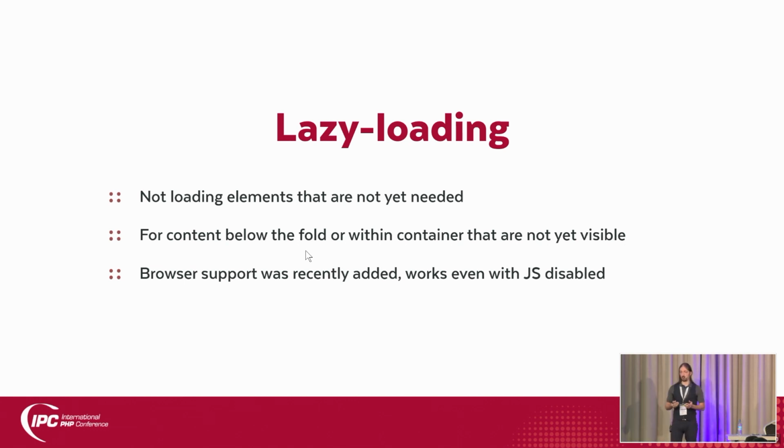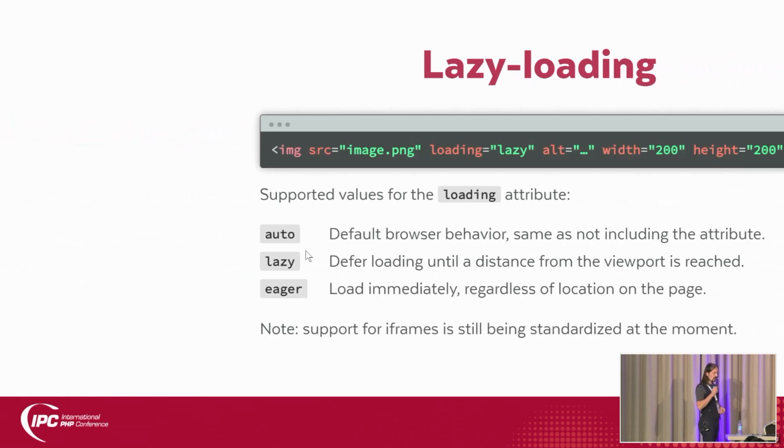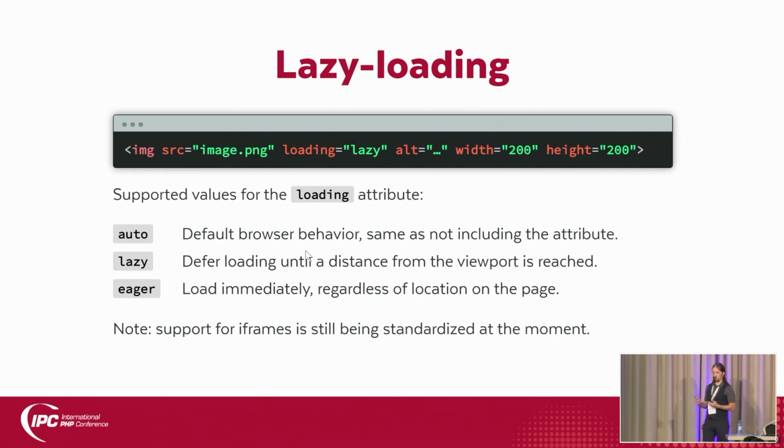By now there's browser support for that, for images mostly. So you can actually add a loading equals lazy attribute to an image, and then the browser will just know what to do. It will properly check the viewport and download as needed when things enter into the viewport.